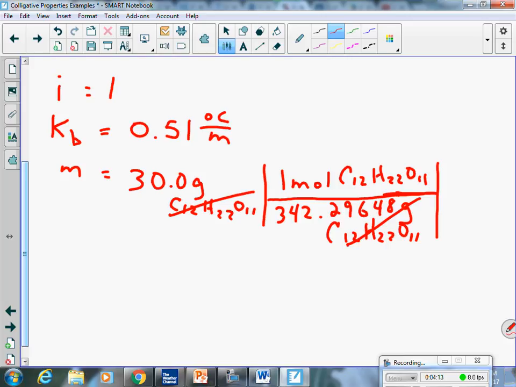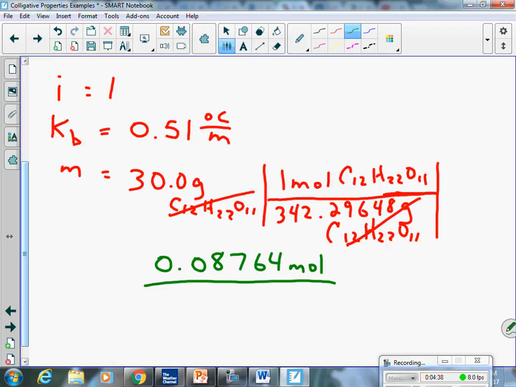Well, when I calculated my value in moles, it came up to be 0.08764 moles, and I need to divide that by kilograms.